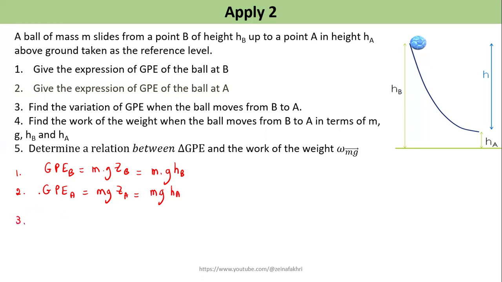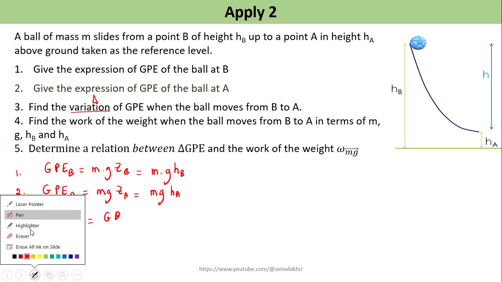Part 3, find the variation of GPE when the ball moves from B to A. When we say variation, this means delta, which means final minus initial of GPE. So delta GPE when it's moving from B to A is equal to GPE final.